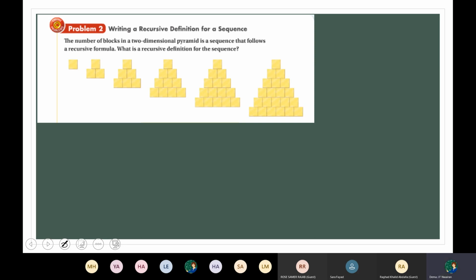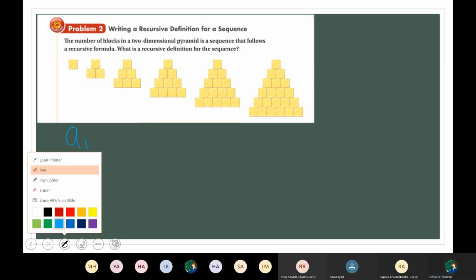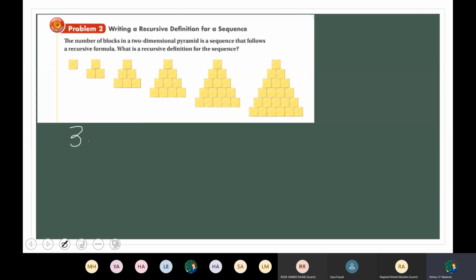Here now, the first term is A1. Sorry. We have 1, 2, 3, 4, 5, 6. So 6. Then just count the blocks: 1, 2, 3, 4, 5, 6, 7, 8, 9, 10. Here we have 6, then 1, 2, 3, up to 15.